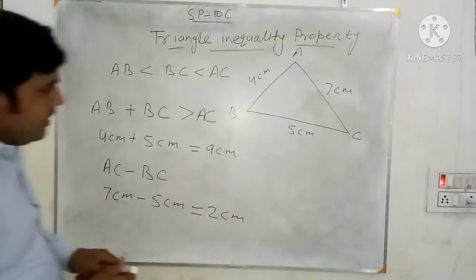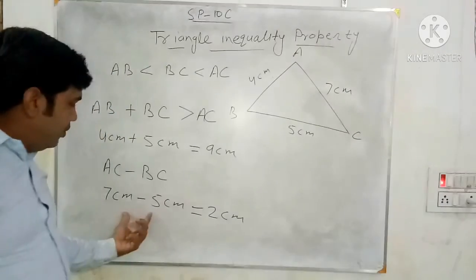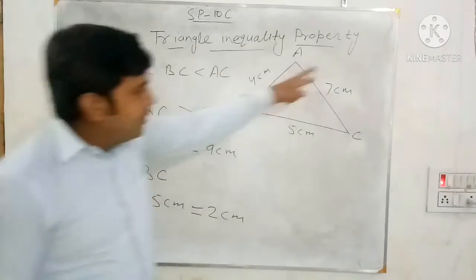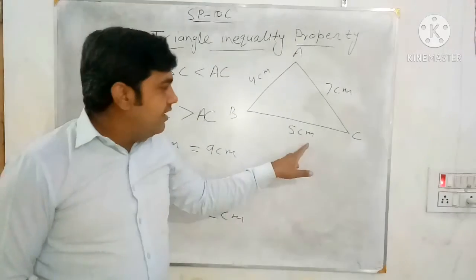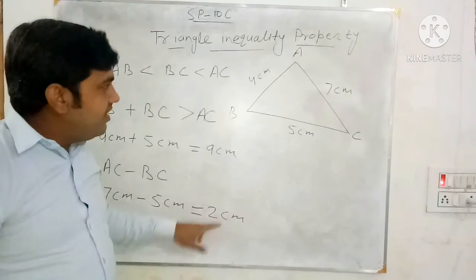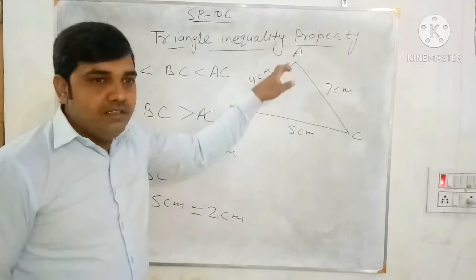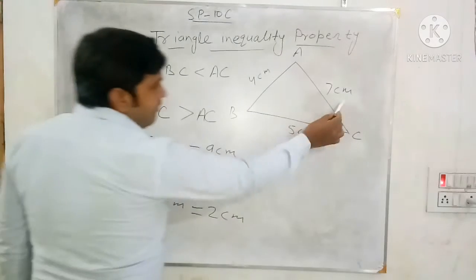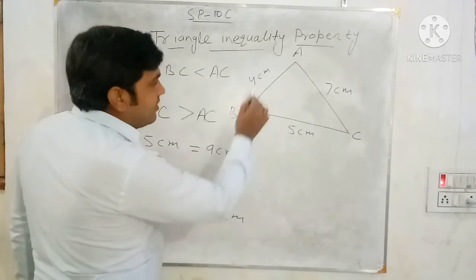Now you can see the difference between the two greater sides of a triangle is less than the third side AB. Here 7 minus 5 gives you 2, and 2 is less than the third side.